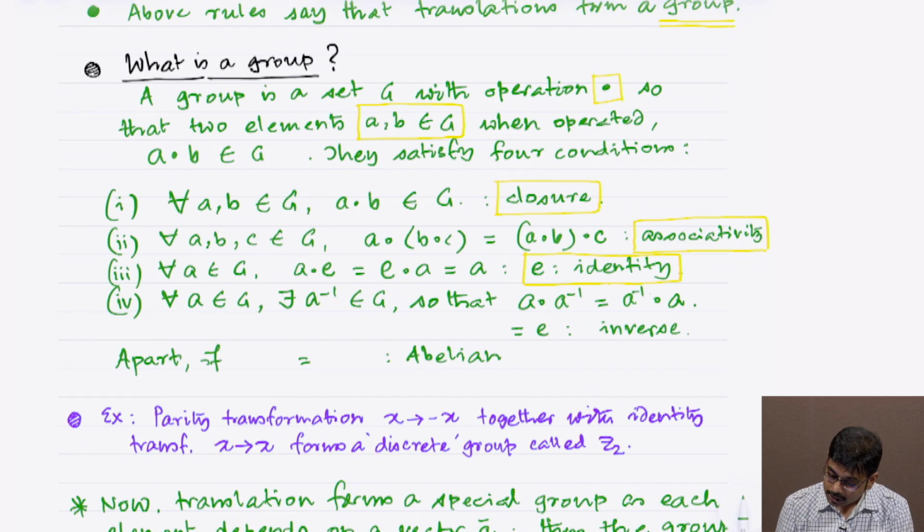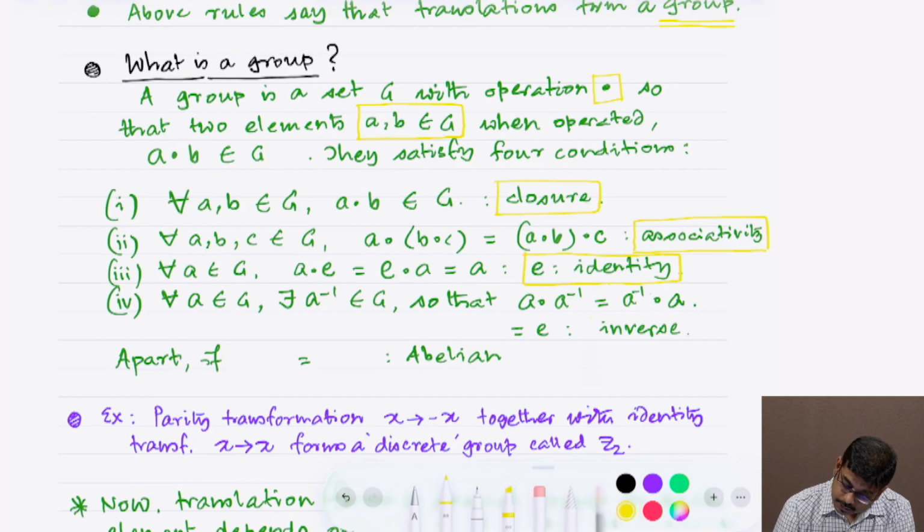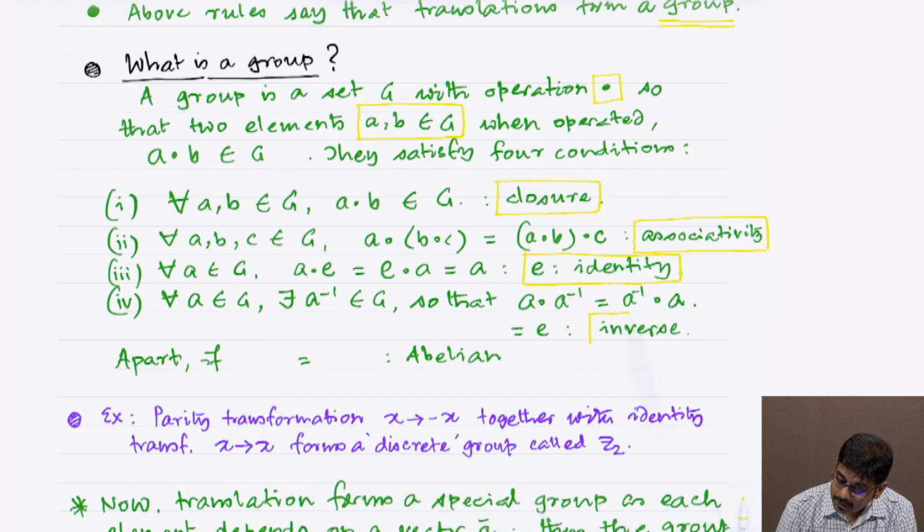This is what is termed an inverse. So, each element must possess an inverse to form a group. I mean, if you really have to say that this forms a group. So, these are the properties that we need to satisfy.